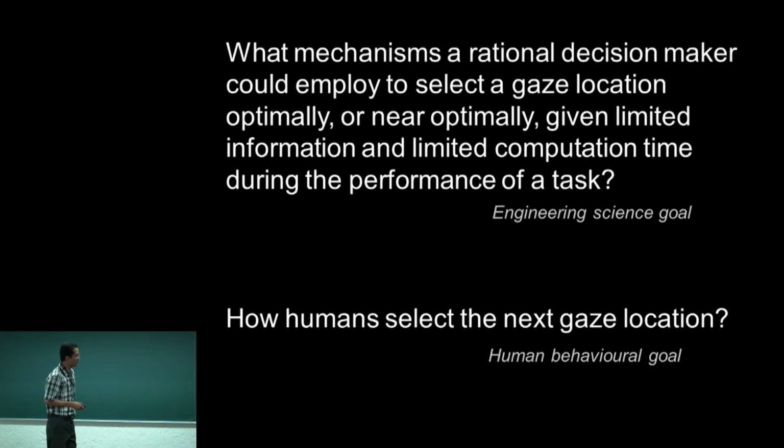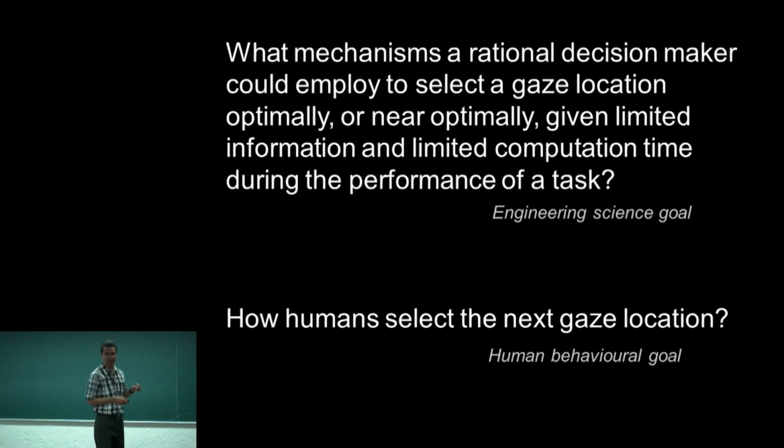So I had two questions that we were interested in answering. The first one is more like the engineering side: what mechanisms could a rational decision maker employ to select a gaze location optimally or near optimally, given limited information and limited computation time during the performance of a task?